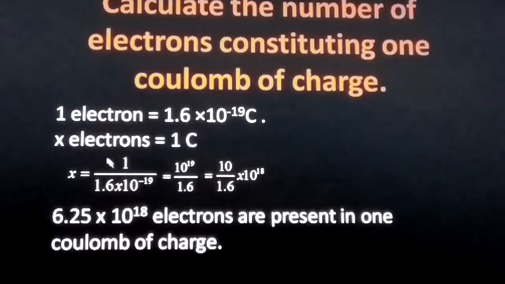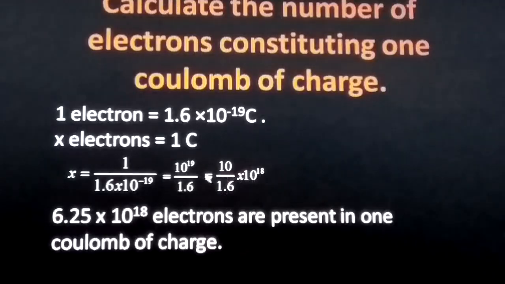If we take the 10 to the power of minus 19 to the numerator by the law of exponents, which you have studied in mathematics, it becomes positive 10 to the power of 19 by 1.6. So if you simplify this, 10 by 1.6 into 10 to the power of 18.